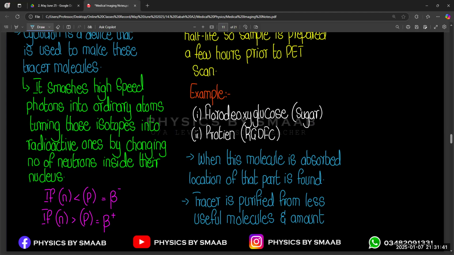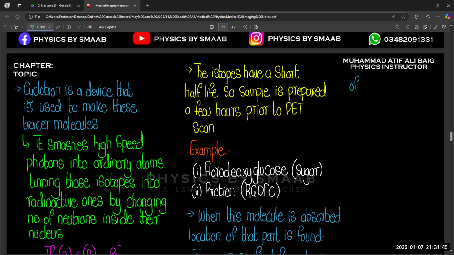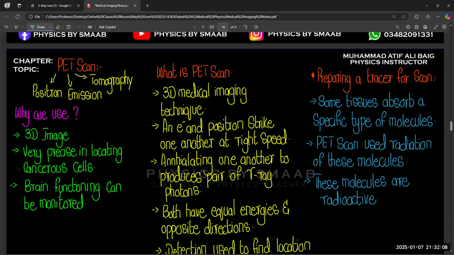the amount of radioactivity is checked. So this is the process related to preparing a tracer for a scan.